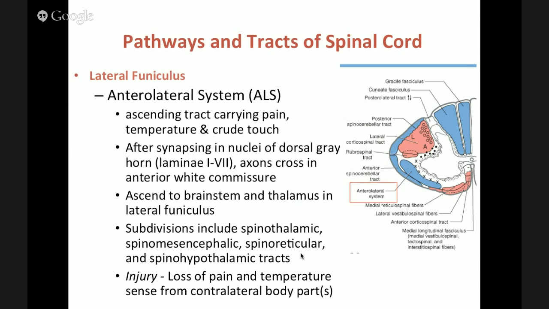We really think about the spinothalamics as the ones that ascend to VPL, the ventral posterior lateral nucleus of the thalamus, but there are also pain fibers that ascend in the anterolateral system and terminate on other thalamic nuclei.